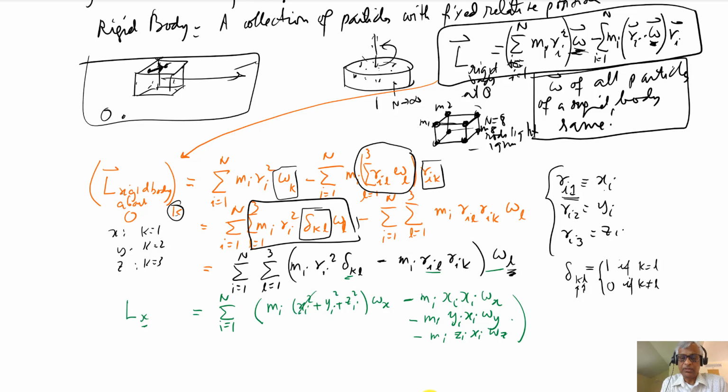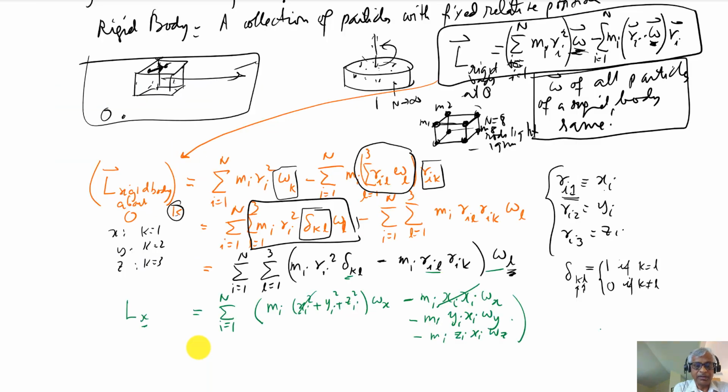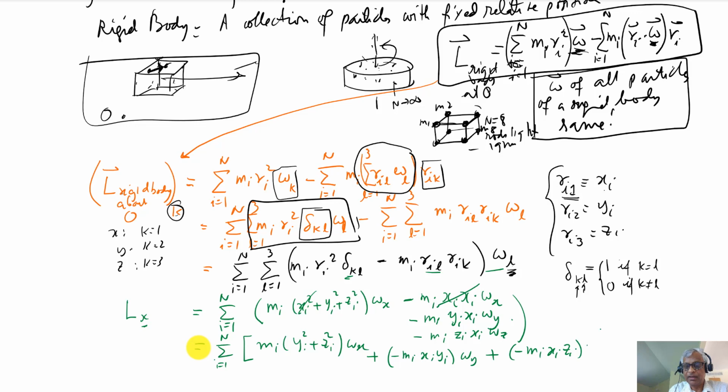So this will cancel this, and so I have here the sum i equals 1 through n. I got mi yi square plus zi square, omega x. Then I have a minus mi xi yi omega y, plus minus mi xi zi omega z.